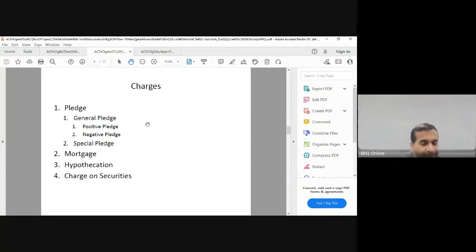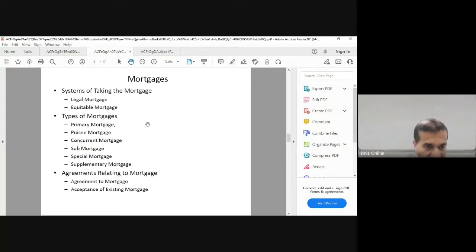But remember, when you take these charges on securities, it is better to take a power of attorney also, in case the customer is reluctant to sign some of the transfer documents, so that the manager can sign on behalf of the customer. Mortgage is the most popular in Sri Lanka. There are two ways of taking a mortgage.